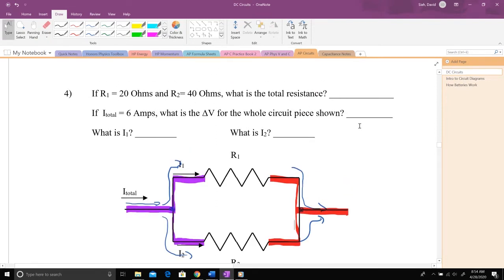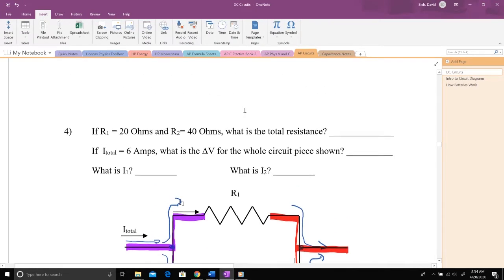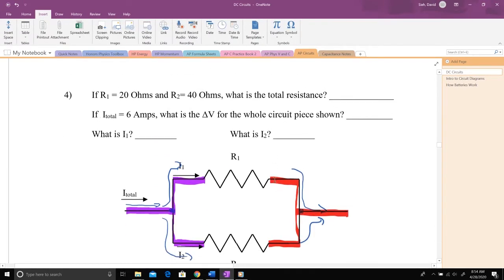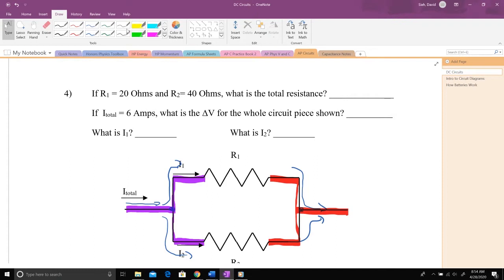Okay, what are they asking? First, what's the total resistance for these if R1 is 20 ohms and R2 is 40 ohms? Let me write that on there. This is 20 ohms, and this one down here is 40 ohms.